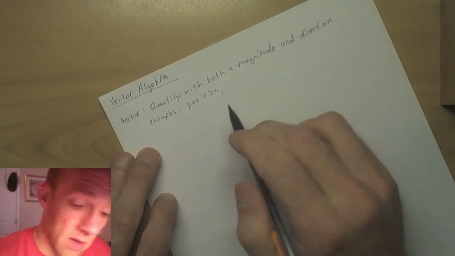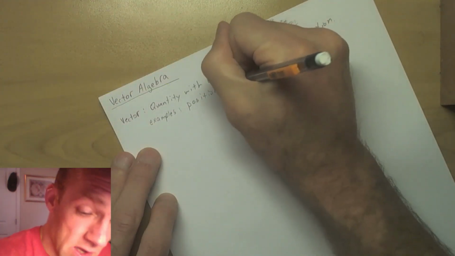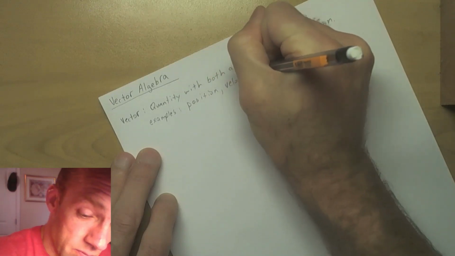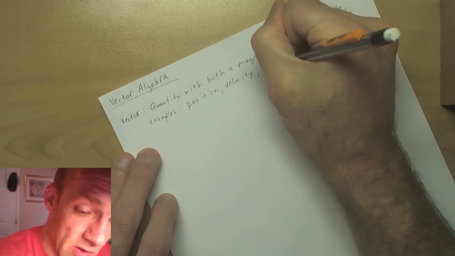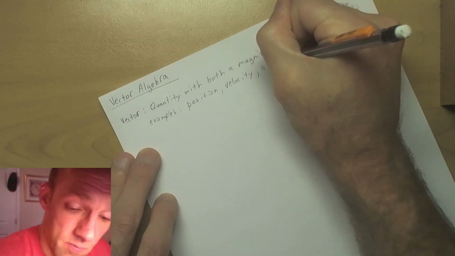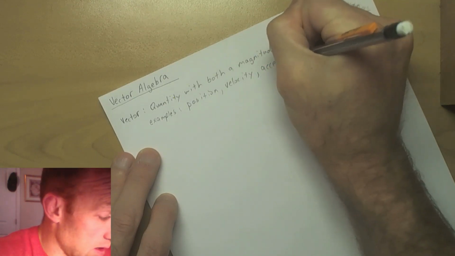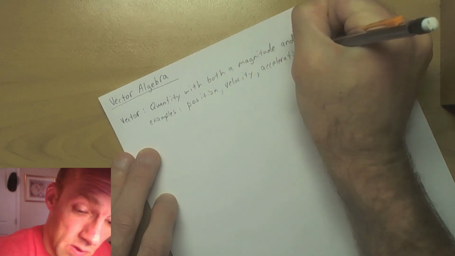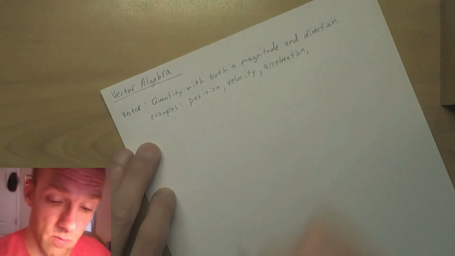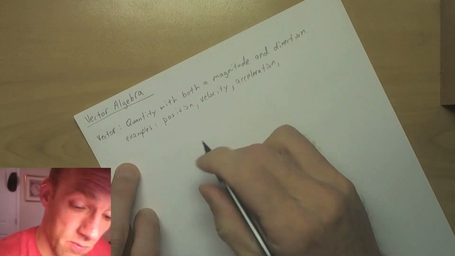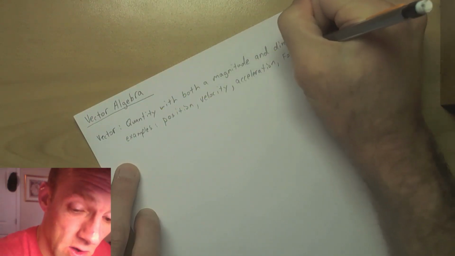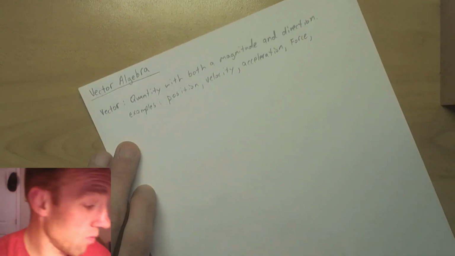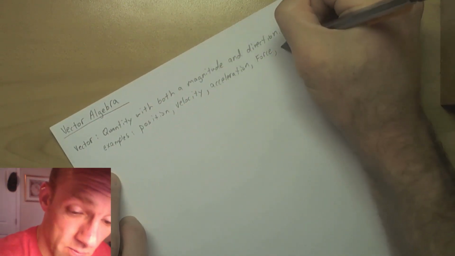So velocity, acceleration. These are the big ones that we're going to be using in this course. The position and its derivatives essentially, and then you have a force and maybe momentum.